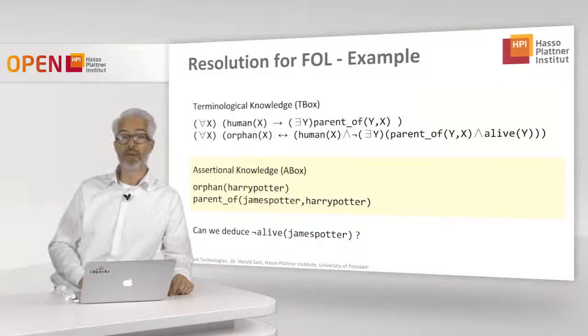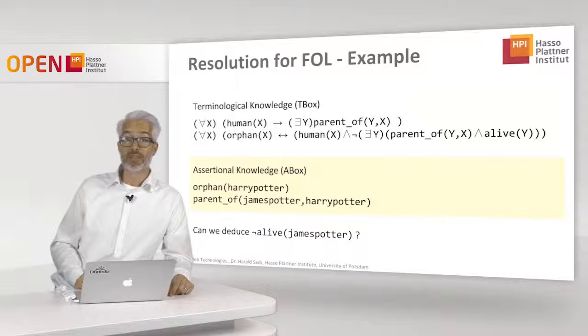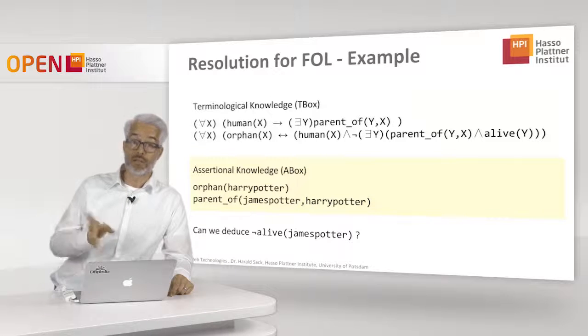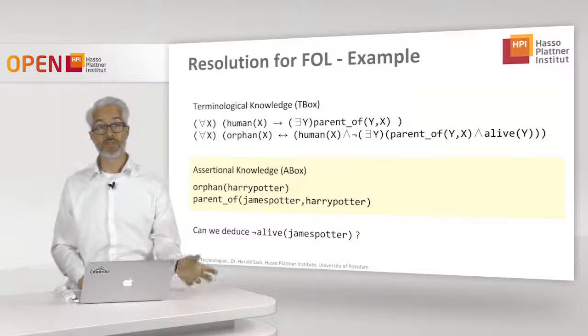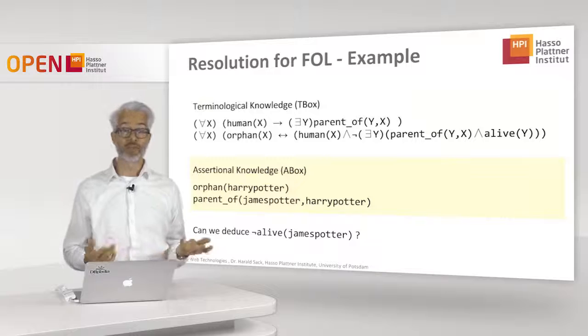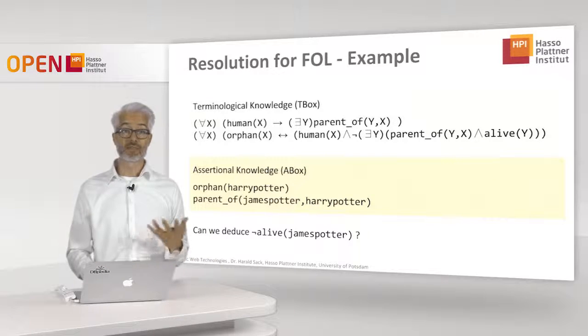And we have to apply this kind of unification to be able to do a resolution for first-order logic. And we learn this with the help of a suitable example. So in first-order logic, again, we can consider a knowledge base, which consists of a T-box, where we have some axioms, and we have some assertional knowledge.